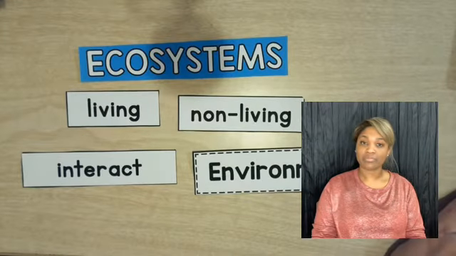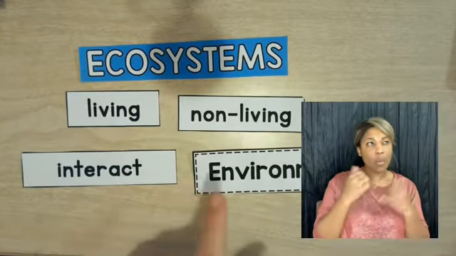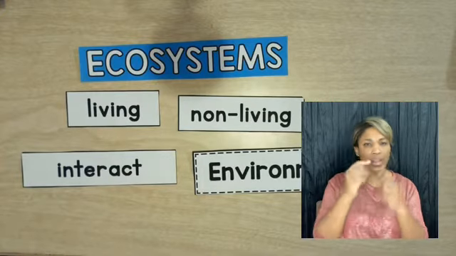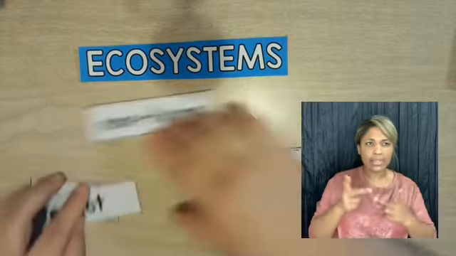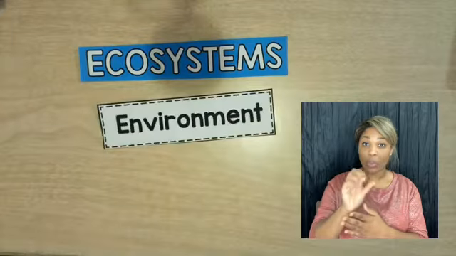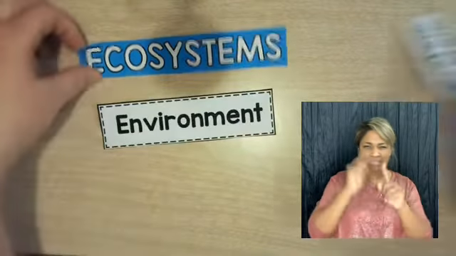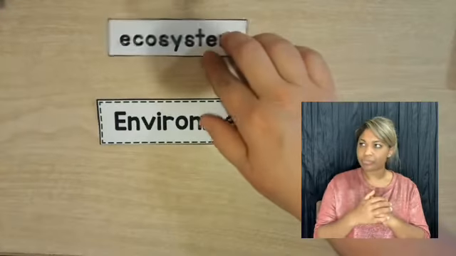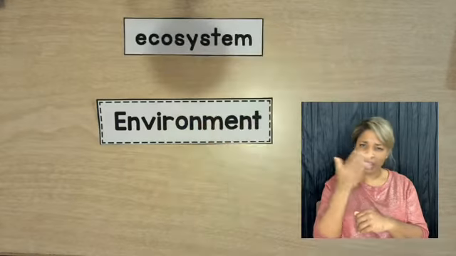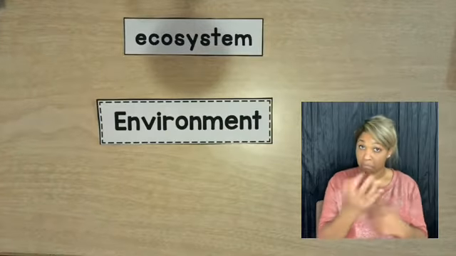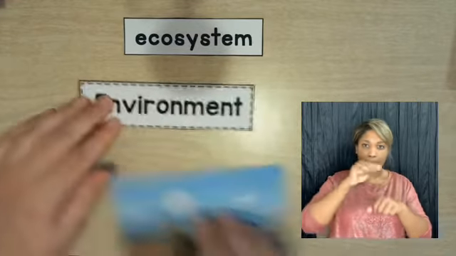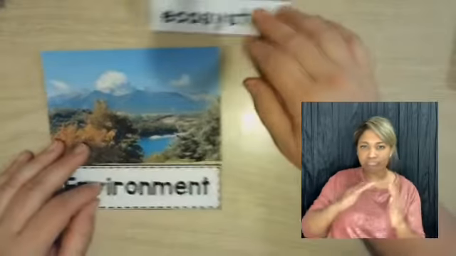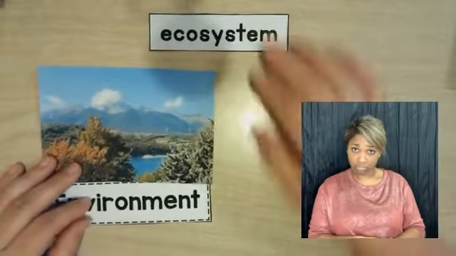Now, I want to think about a place where I might find an ecosystem. So I'm going to think about some different environments, and whether there's an ecosystem there, okay? So first, I'm going to think about mountains.